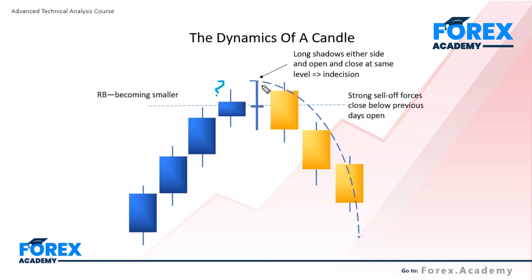Now, we had perhaps a question mark around this activity in terms of what it means for a bullish continuation in the trend. The fact that the market has opened and closed and tried both the upper and the lower end of the day's range means that a greater degree of indecision has now crept into the market.